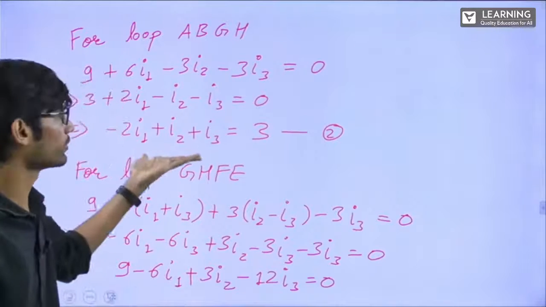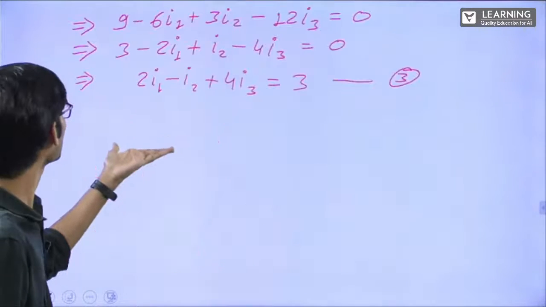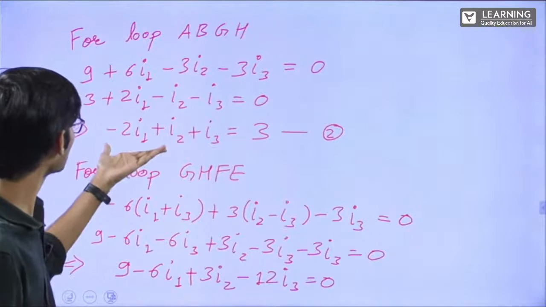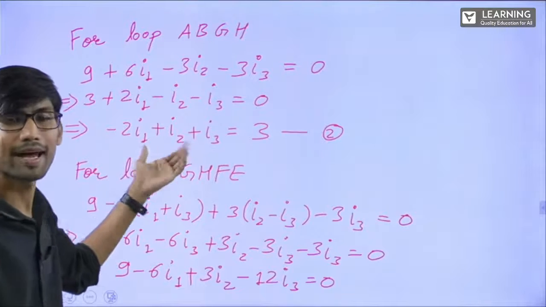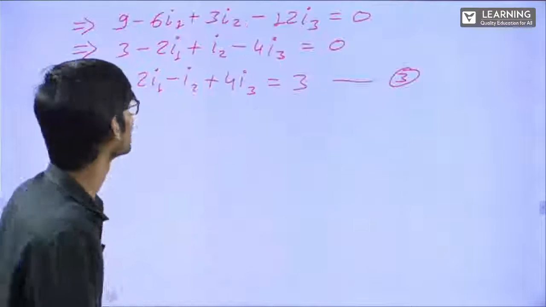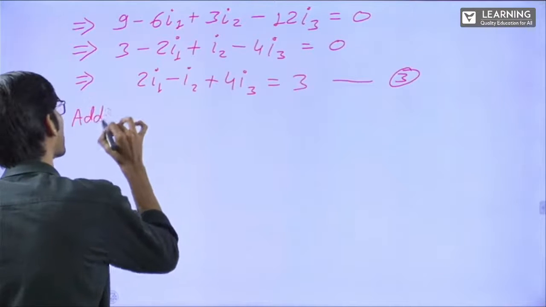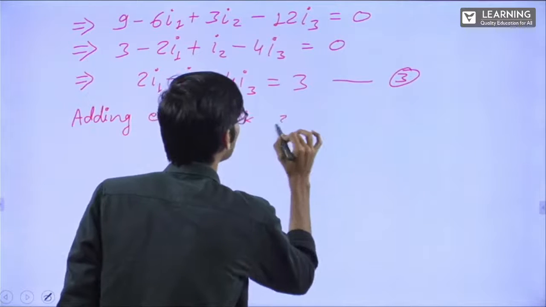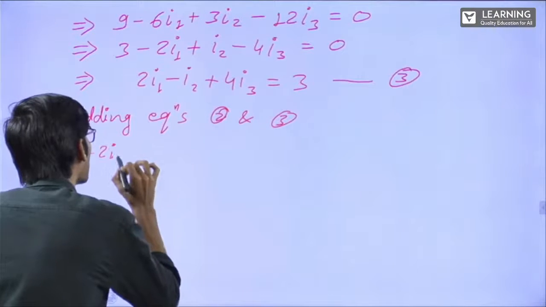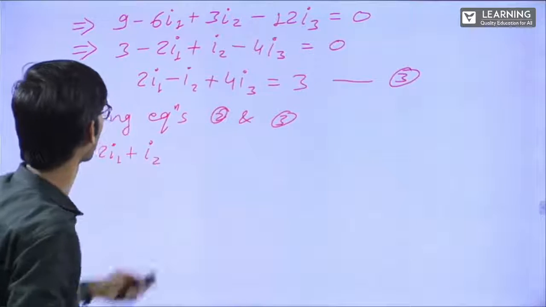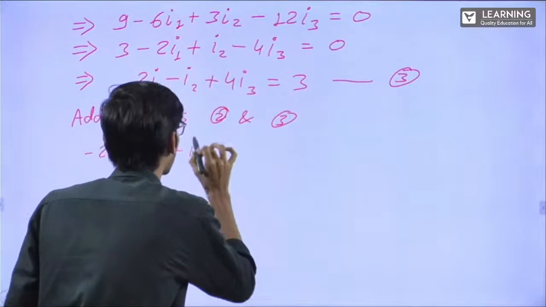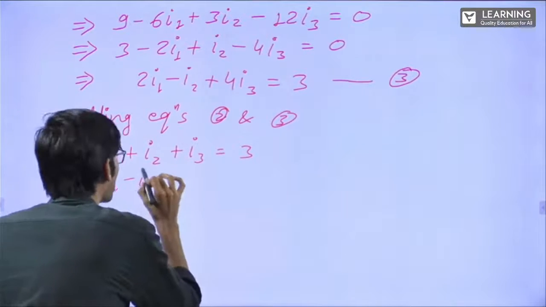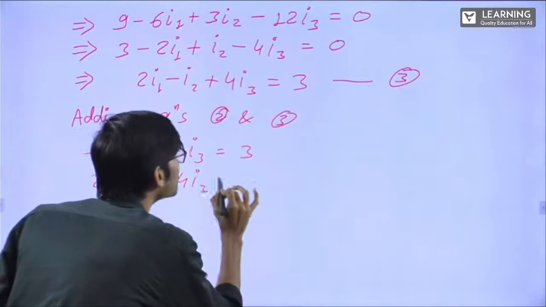See, equation number 2 and equation number 3: 2 I1 minus I2, and this is minus 2 I1 plus I2. If I add these two equations, let's see. Adding equations 2 and 3: minus 2 I1 plus I2 plus I3 is equal to 3, and 2 I1 minus I2 plus 4 I3 is equal to 3.